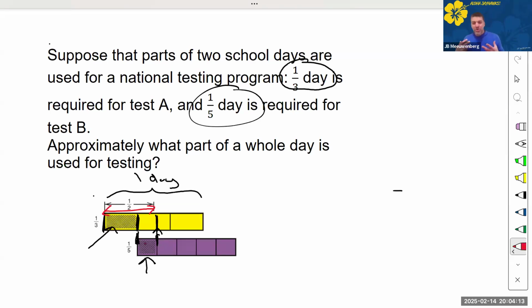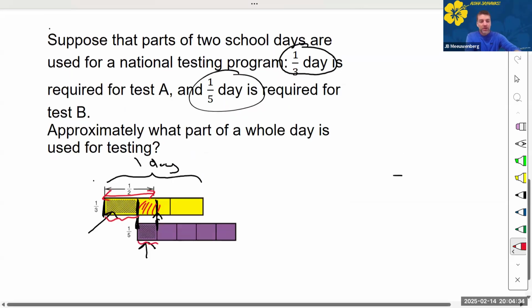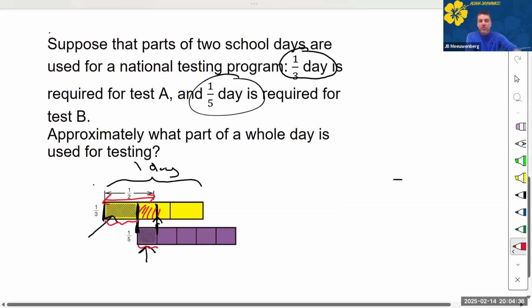But we actually don't know exactly. We don't know if it's exactly a half or if it's close. But this model shows us that if we line up 1/3 here, 1/5 there, and combine them, it will be approximately 1/2. And so that's the very first model that we look at. Can we look at those shaded fraction bars, line them up, and just sort of examine it, get a visual?